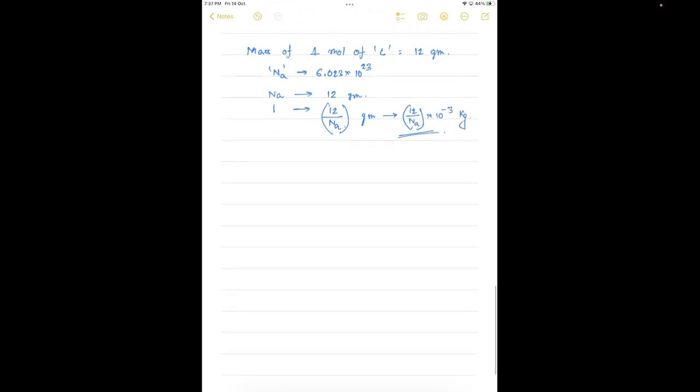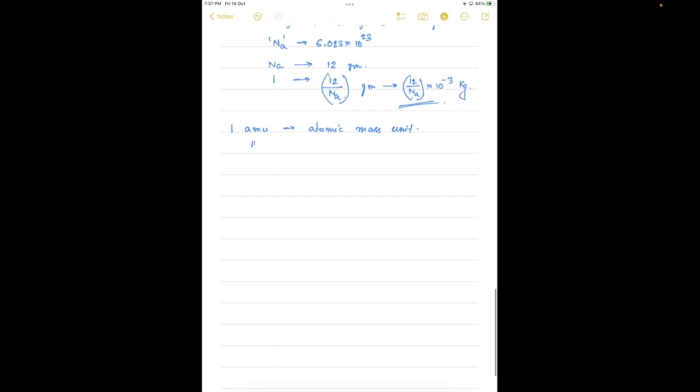So basically 1 AMU, which is atomic mass unit, will be 1.66 or 1.67 times 10 to the power minus 24 kg.